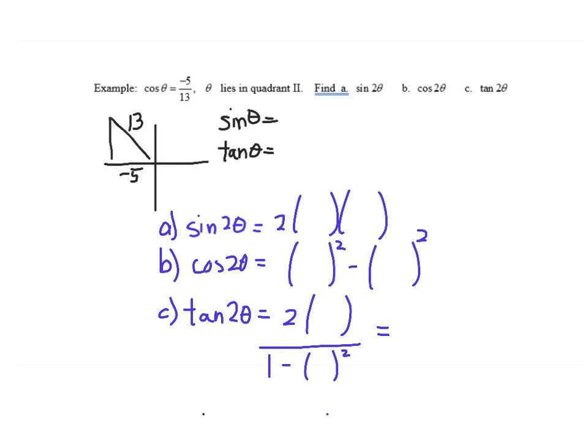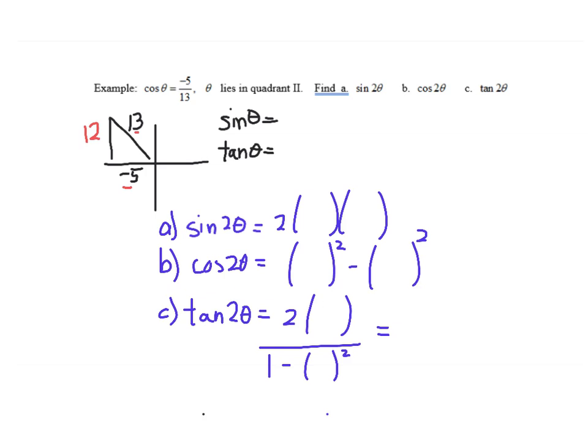And if it's cosine, it's adjacent over hypotenuse. So we have the -5 and the 13. And of course, we know this triangle without even doing the Pythagorean theorem. We know it's a 5, 12, 13 triangle. It's well worth your while to memorize some of the most basic ones, especially 3, 4, 5 and 5, 12, 13. They come up very often.